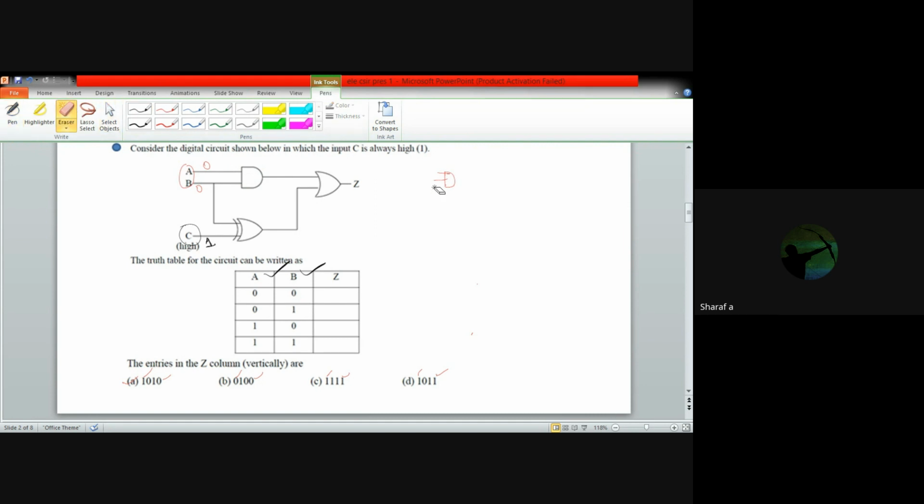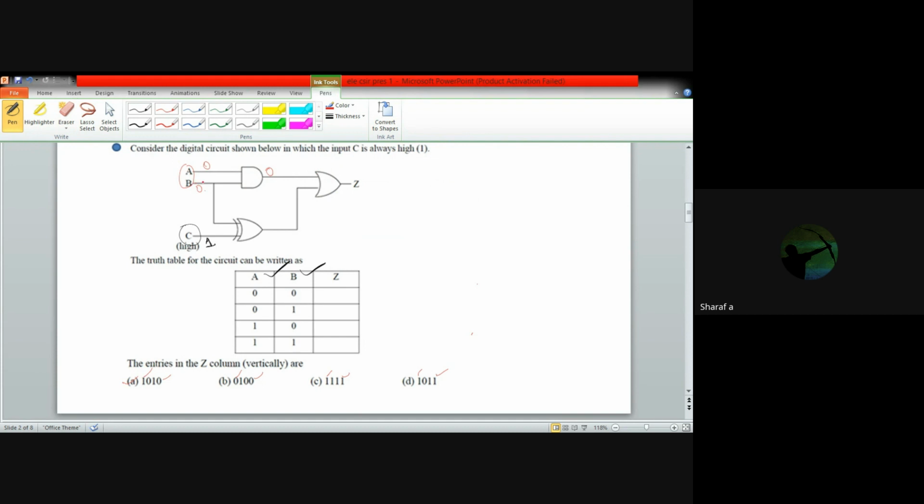Whatever the inputs, it takes the product of the inputs as the output. So 0 into 0 gives you 0 at the output of the AND gate, and this 0 comes through this line and reaches one of the inputs to the OR gate.